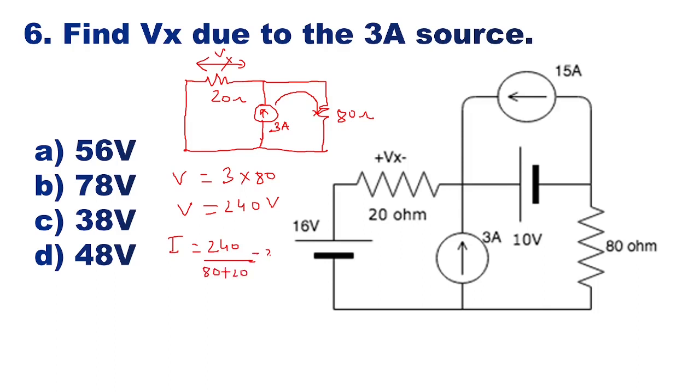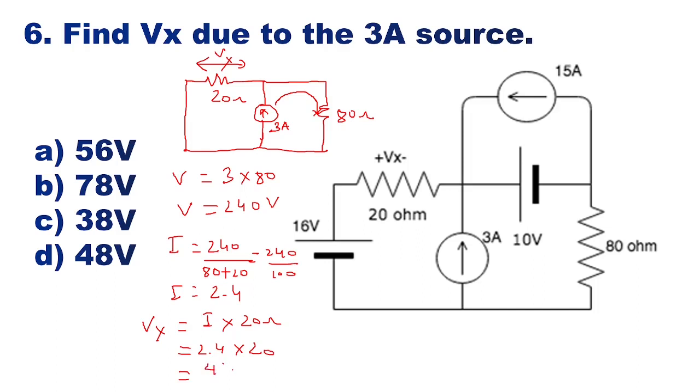This is nothing but 240 upon 100. This is nothing but 2.4. Current is equal to 2.4. Now that current multiplied by 20 ohm resistor will give you the voltage across 20 ohm resistor. So Vx is equal to current into 20 ohm. So this is 2.4 into 20 ohm. This is nothing but 48.